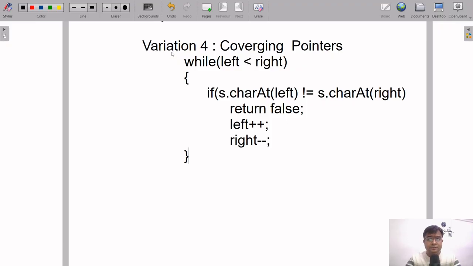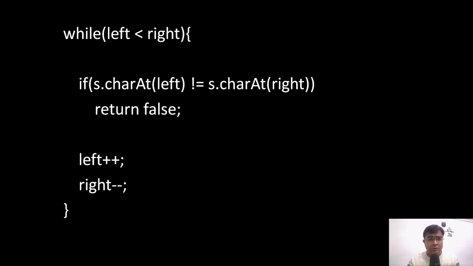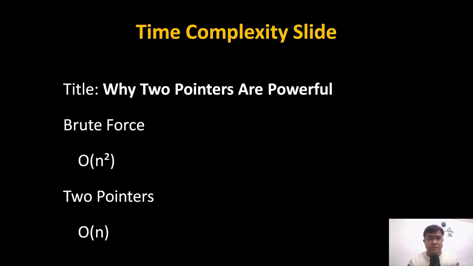Okay, now let's see more things. Why is the two pointer technique most powerful? Because whenever you apply brute force, you will get the time complexity as big O of n square. That is not expected in interviews.